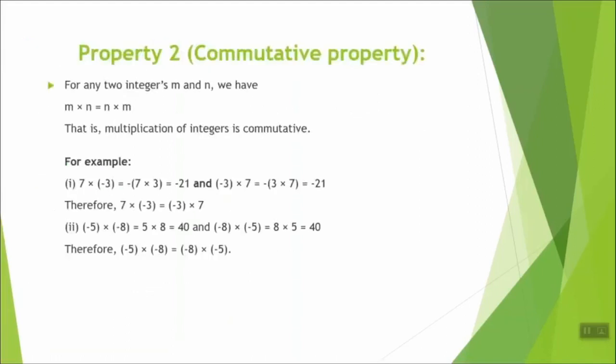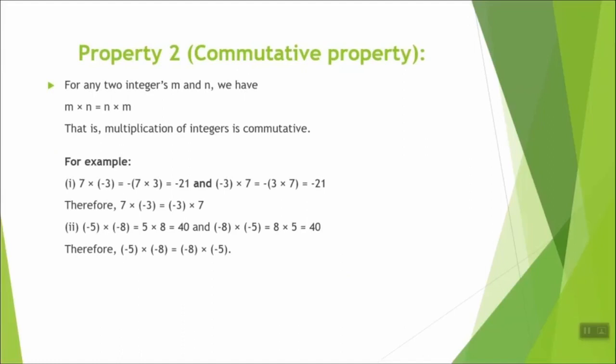Property number 2, which is the commutative property, which states that if there are two integers and if we change their order, the product will not change. If m and n are two integers, we find the product and we change the order, the product remains the same.